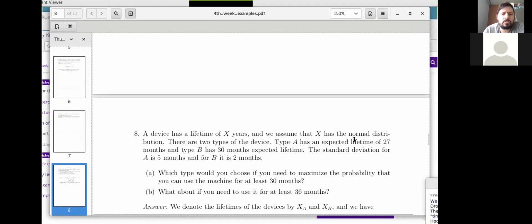So the question is, which type would you choose if you need to maximize the probability that you can use the machine for at least 30 months? There's one way to do this in part A, which doesn't involve any calculation whatsoever. Both are normally distributed, and A has the lifetime of 27 months.